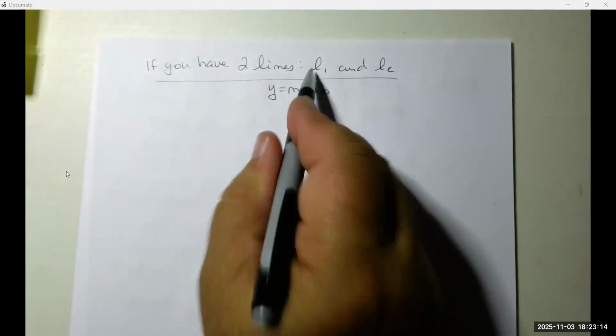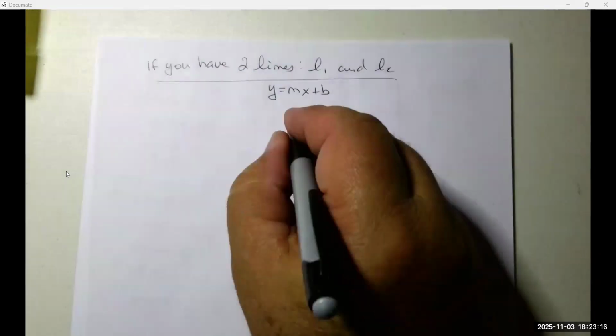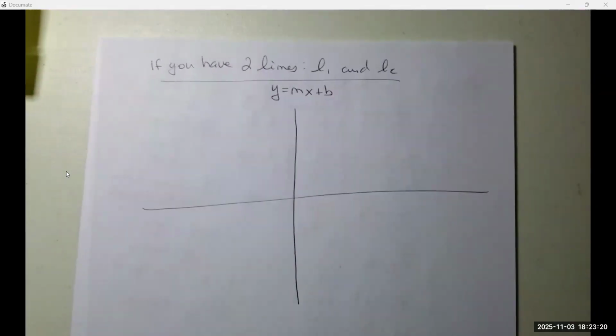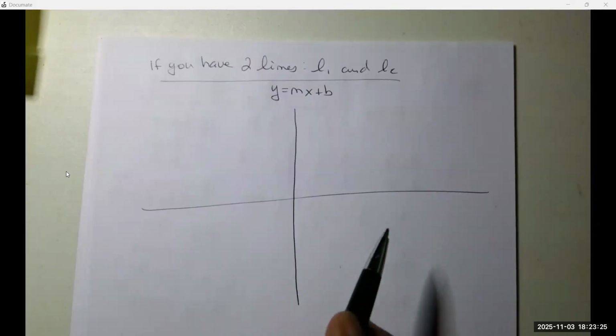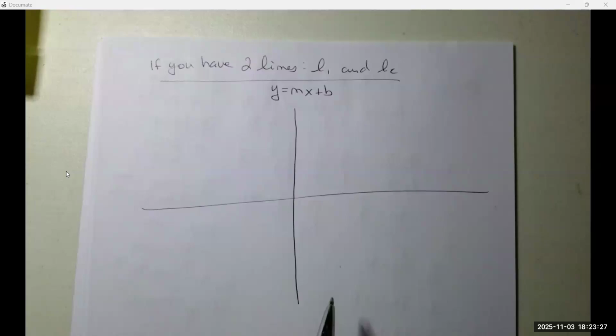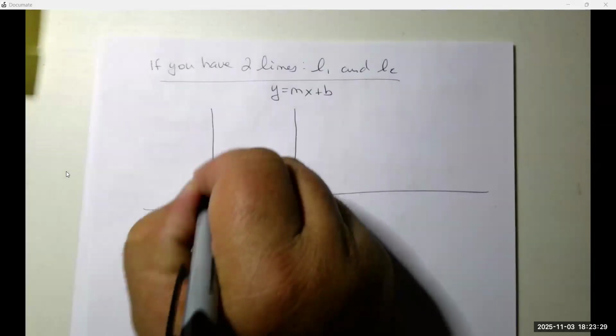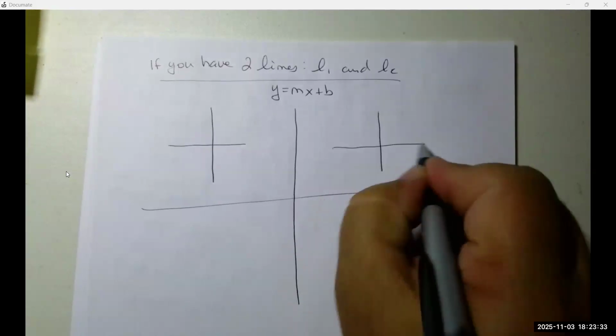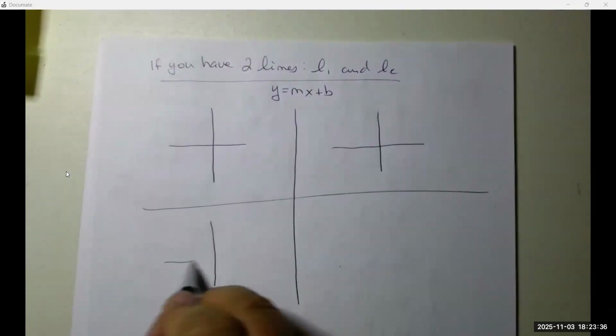These are the equations of the lines these are defining. We have four possibilities. If we have two lines, there are four possible ways they can be situated. So each one of these we'll look at how they can be situated to each other.